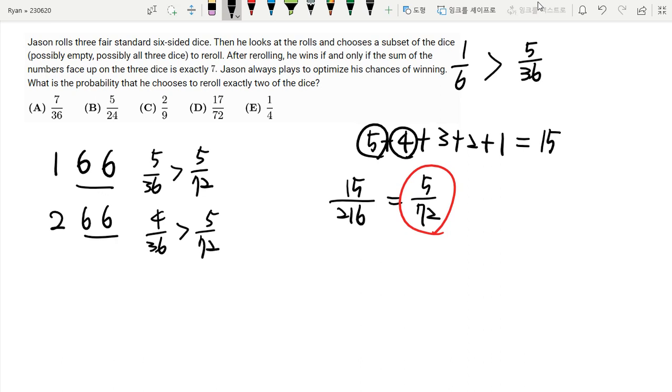So he will choose to throw two dice instead of three dice. And we can think of other triples in the case when the first number is 2. In this case, again, because 2 plus 5 is still greater than or equal to 7, he will throw two dice instead of one die or three dice.